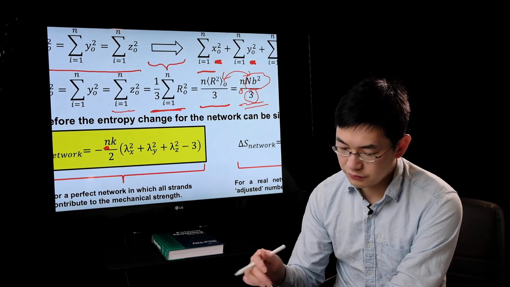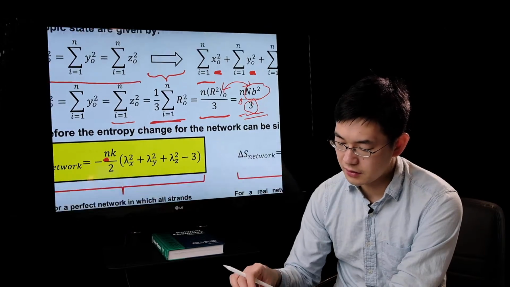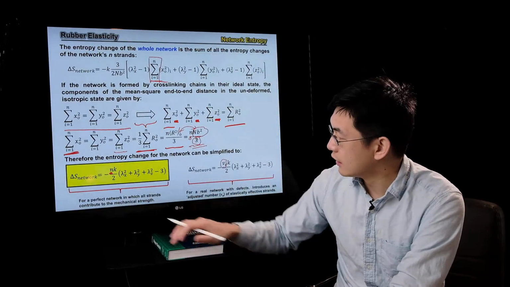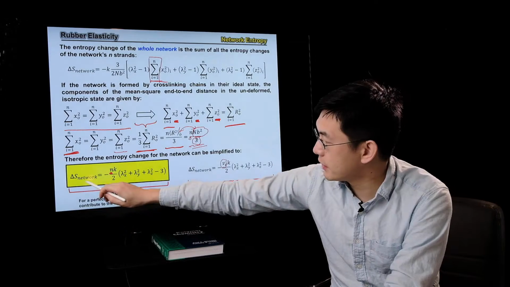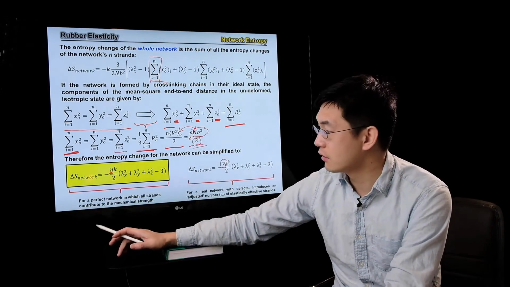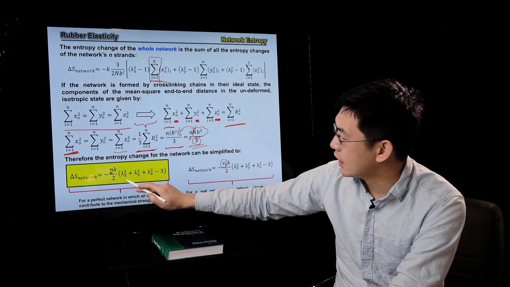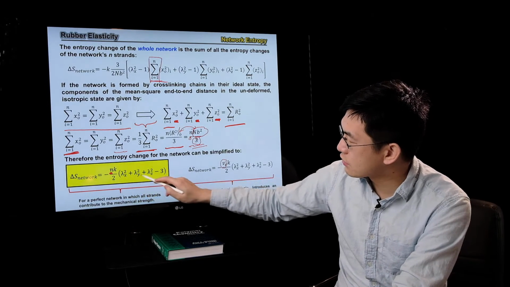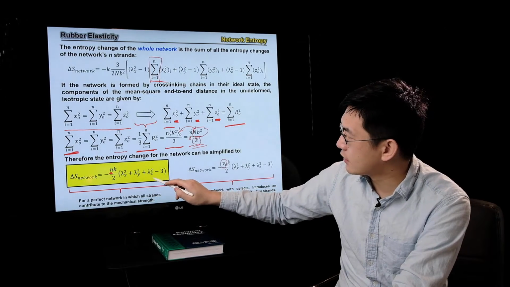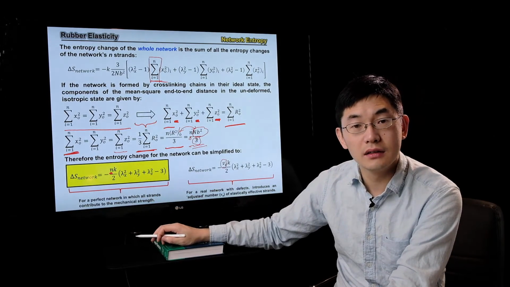For now, we just need to focus on the equation in the box. Let me repeat it one more time. Your entropy in today's lecture, we know, is directly proportional to the number of strands and the degree of strain in our rubber band.